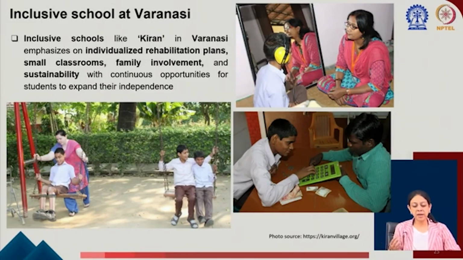When we talk about a small classroom, we have gone to the level of inclusive design, because we are thinking about interaction here. It is probably not possible in a classroom of strength 40 to give the individual attention which an inclusive school would require.